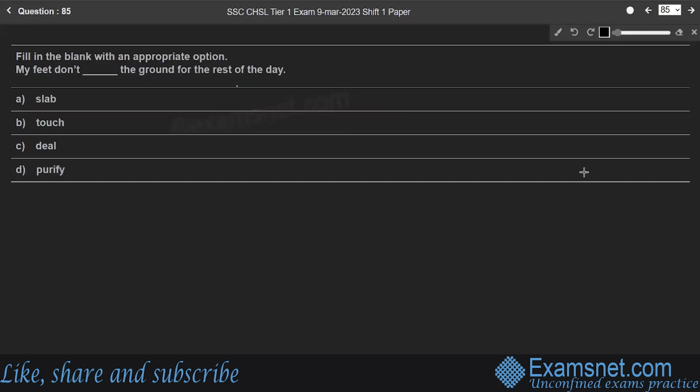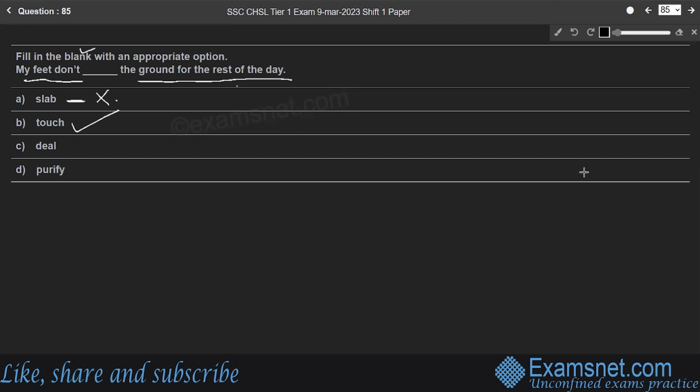Question 85. Fill in the blank with an appropriate option. My feet don't dash the ground for the rest of the day. So it should be don't touch the ground. My feet don't touch the ground for the rest of the day. Whereas the remaining option, so my feet don't slab the ground, which is wrong because the meaning of slab in this context refers to a flat piece of material like concrete or marble.